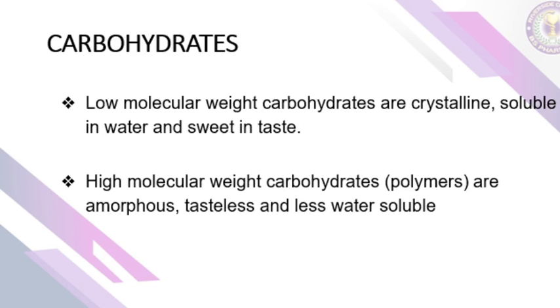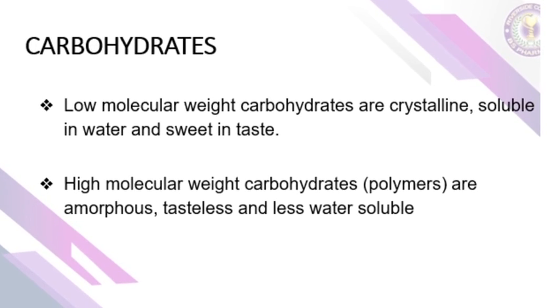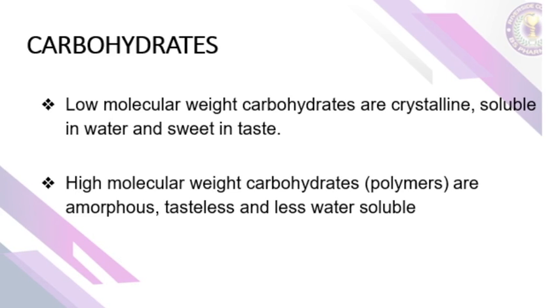So a normal carbohydrate is actually soluble and in crystalline form whenever they have lower molecular weight, and for higher molecular weight they are usually less water soluble and amorphous. When we talk about amorphous, they are kind of powder-like, okay, and tasteless.